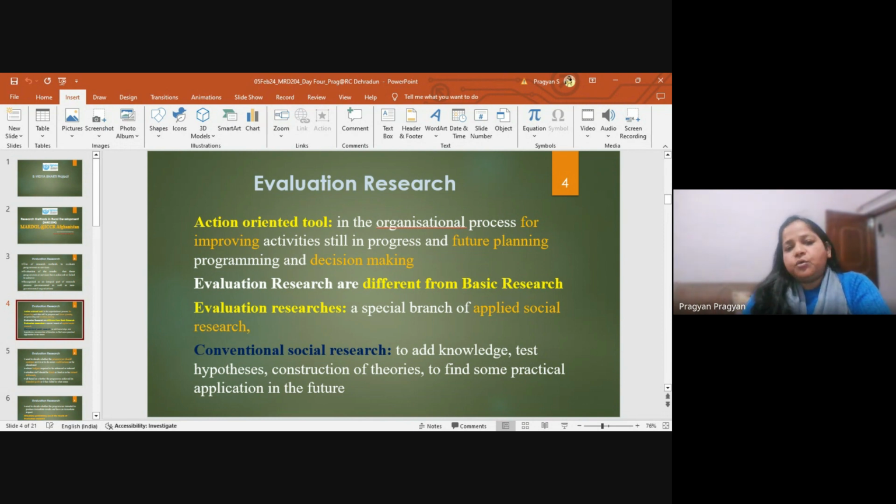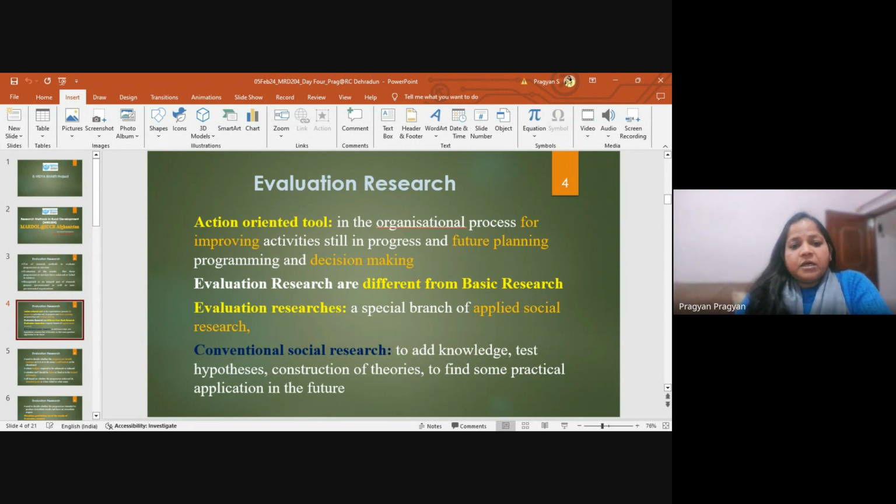So this is the whole area of evaluation research. That means it is very clear from this discussion that evaluation research is not a typical research tool that helps you develop a general kind of understanding. No, it is not. It has always had a very specific purpose since the beginning.